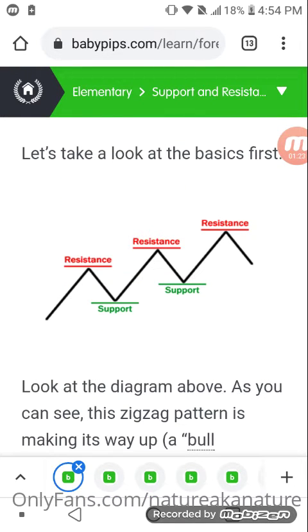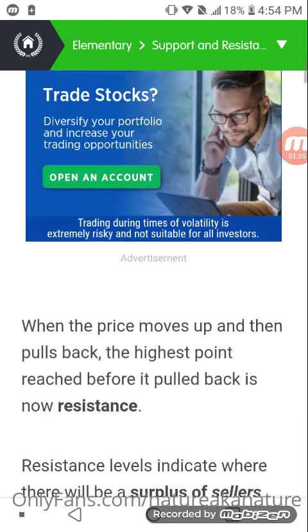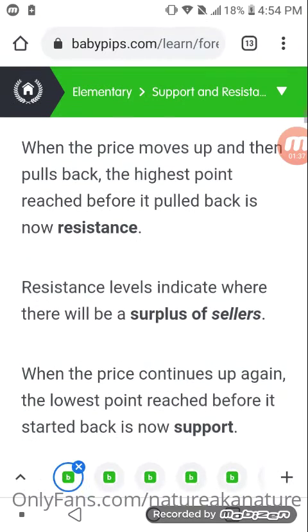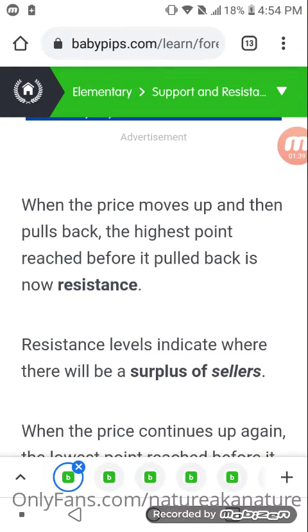The highest point before price pulls back to the bottom is resistance. These are all the highest points that price went to before pulling back down, and they're known as resistance.